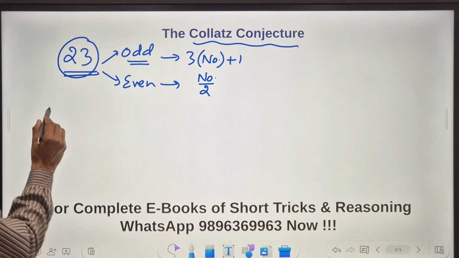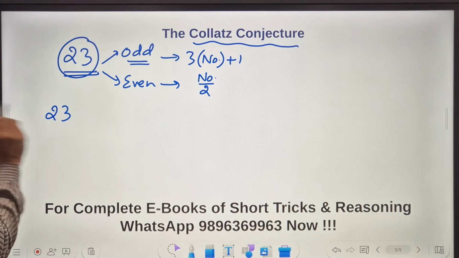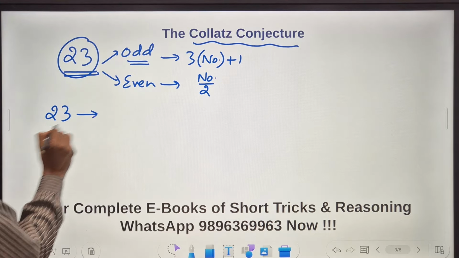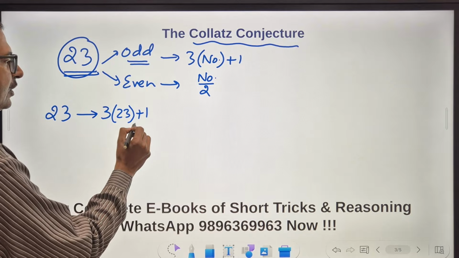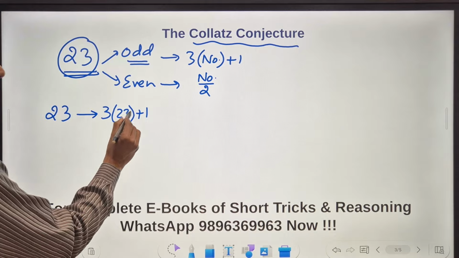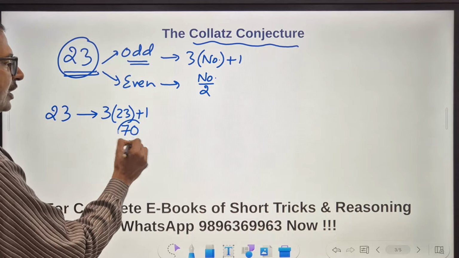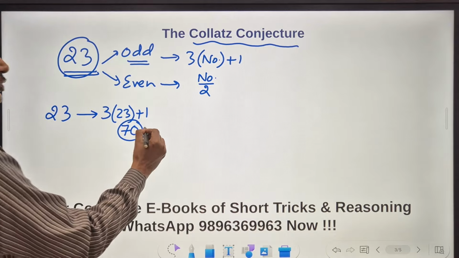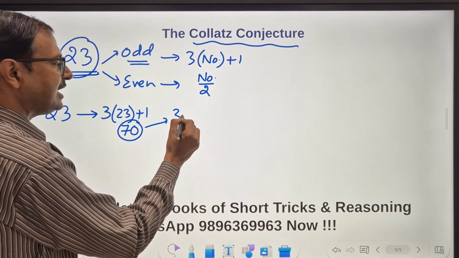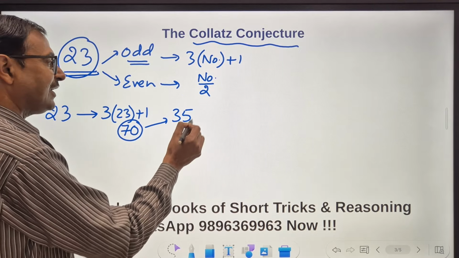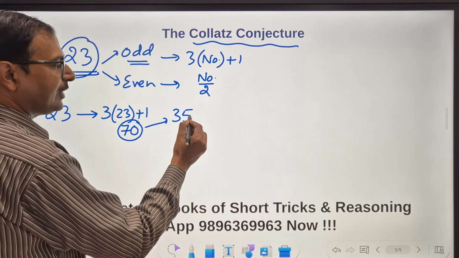So if you start with 23, 23 is odd. So what happens to 23? I will do 3 times 23 and add 1, which gets me 69 plus 1, 70. Now 70 is an even number. So what will I do with this? Take the half. The half of 70 is 35. Now 35 again is odd. So what will I do with this?